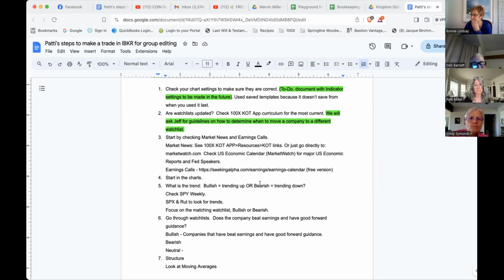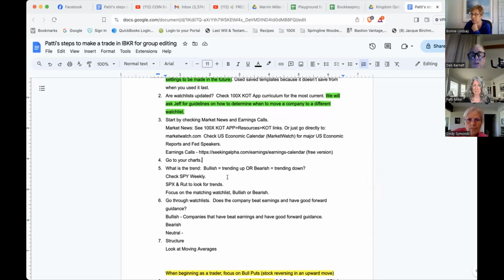All right. So then step 4 would be to go to the charts. Is that accurate? Yeah, that's what Bonnie put in the document. Now, when you get the Trader Workstation, we've got Mosaic and whatever, but is this straightforward enough to say just go to your charts?